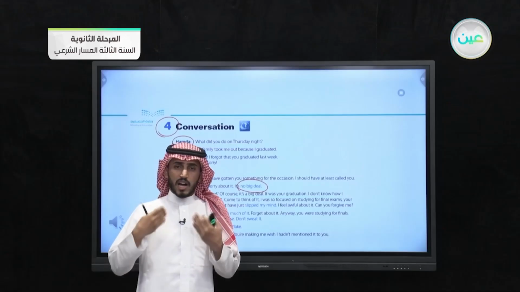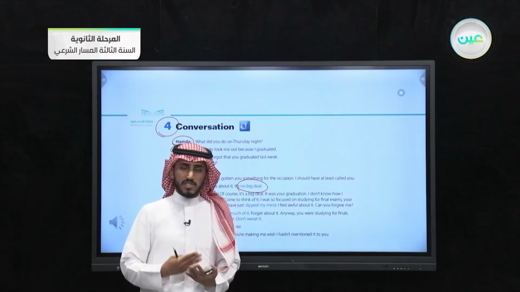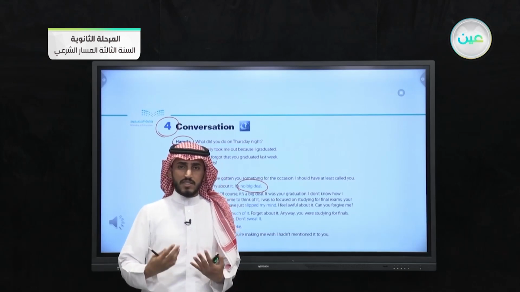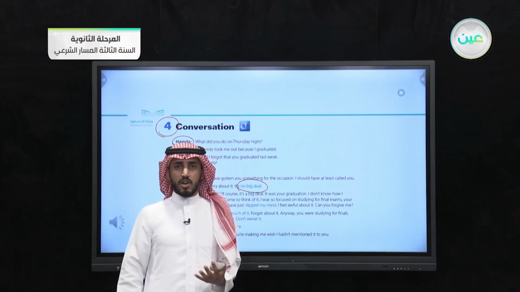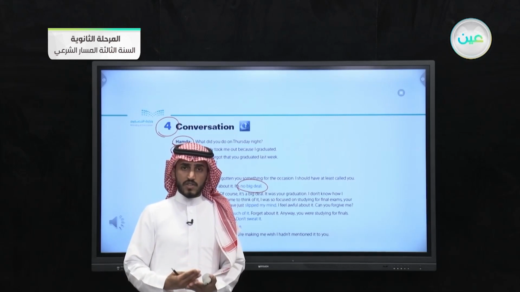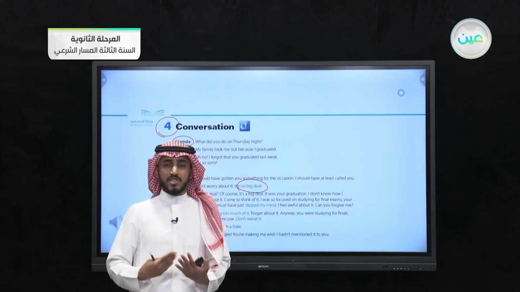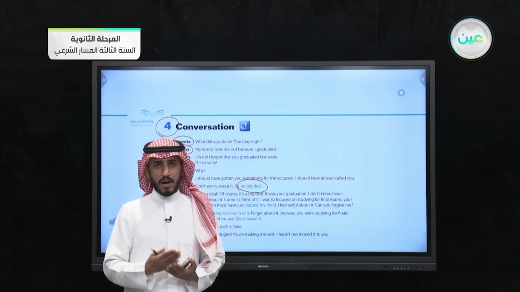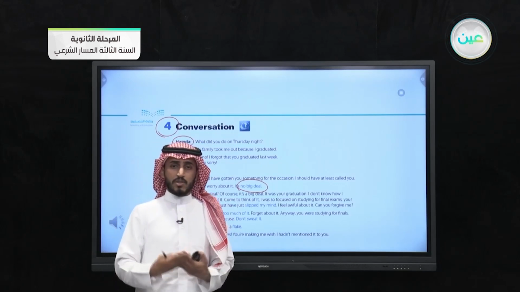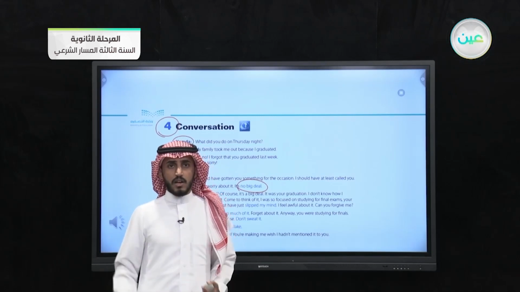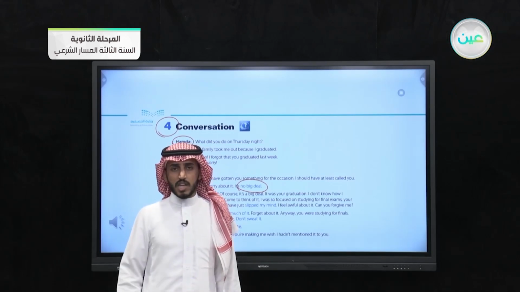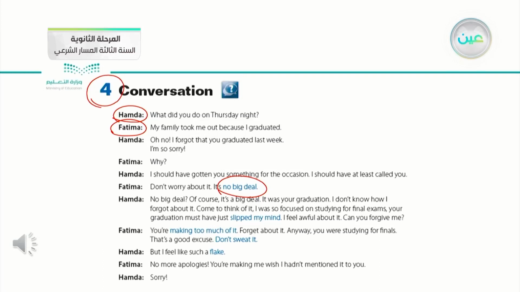I want you to try to understand the meaning of these expressions so you can understand them from within the context. We will listen to this conversation twice, and after that, we will answer the questions about the conversation. Then we will talk about the highlighted words and go on with the rest of the sentences. Now let's go ahead and listen to the conversation.